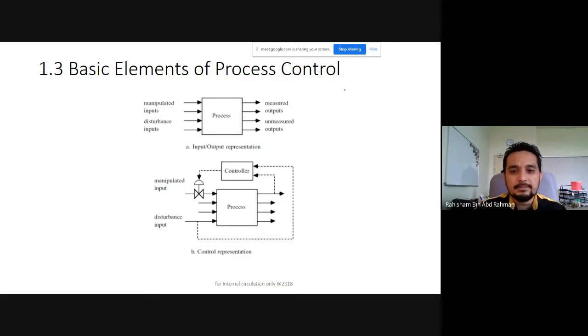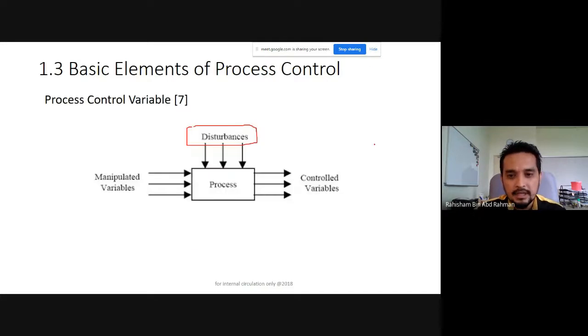Okay, basic element. This is the normal situation. What will happen if we have disturbance? Even in complex process control, instrumentation process control, the manipulated variable plus this disturbance becomes the output variable.